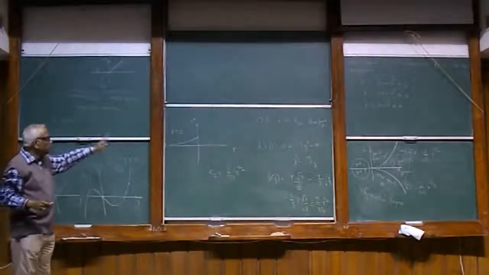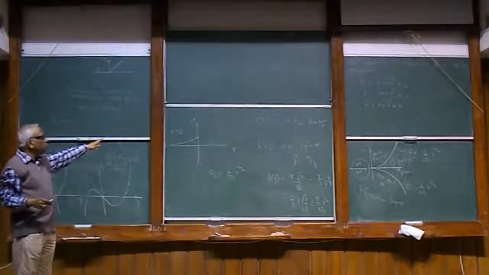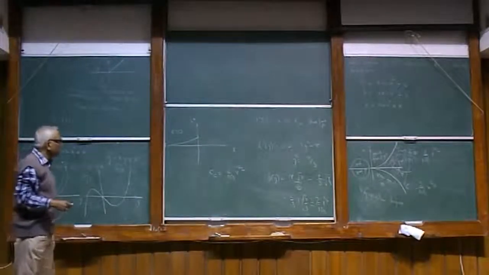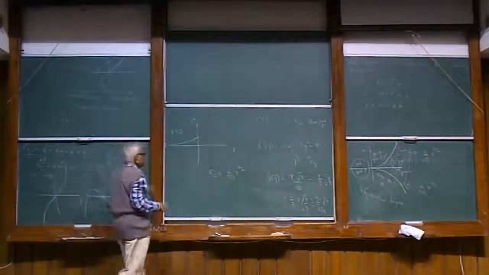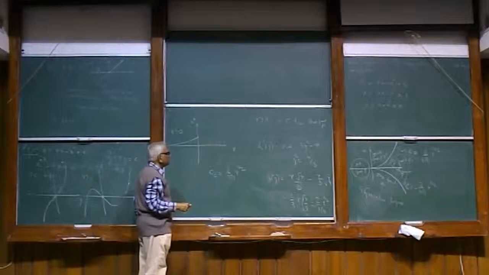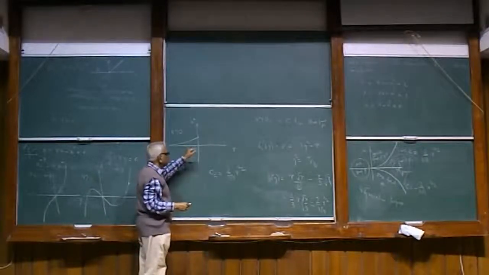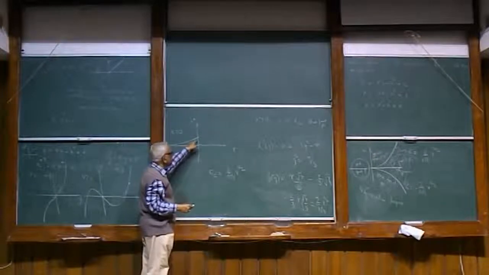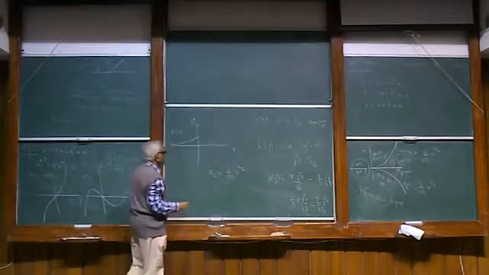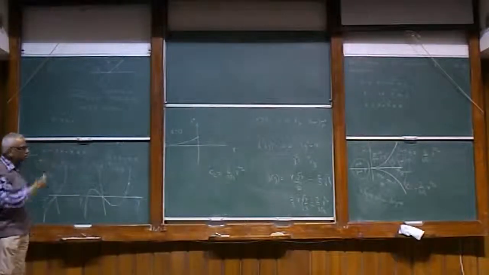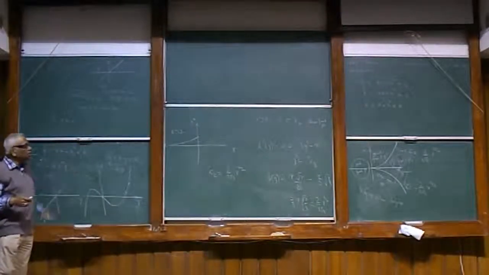All right, so I need to now complete this picture for epsilon greater than 0. So for r negative, I have only one fixed point, and you come and hit that point at r equal to 0.